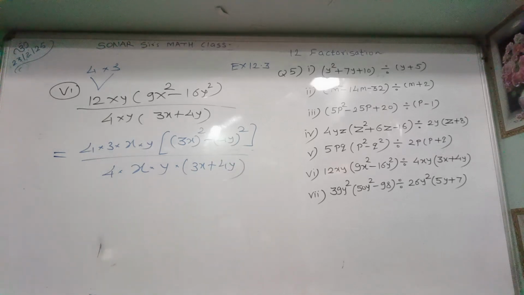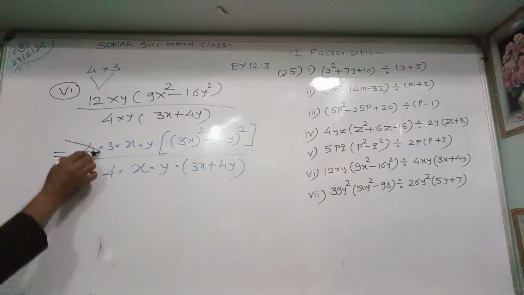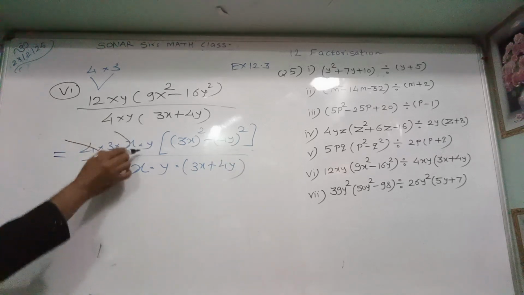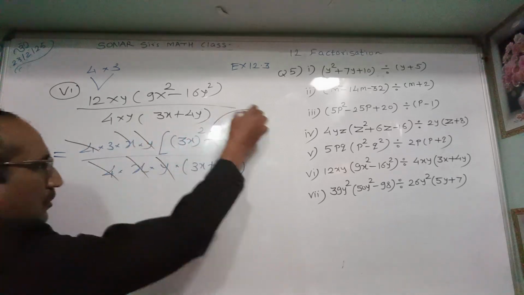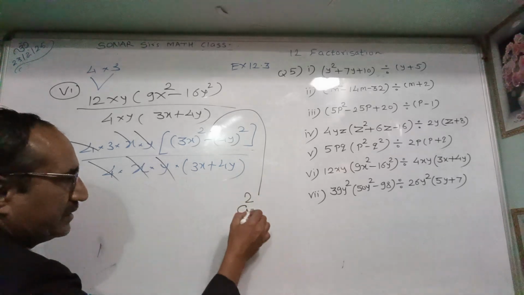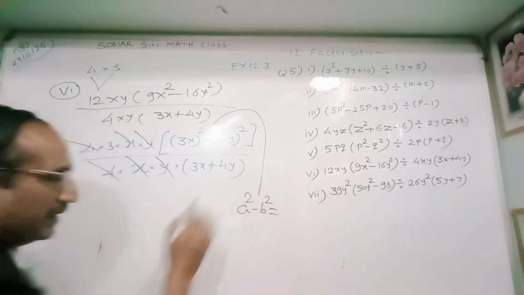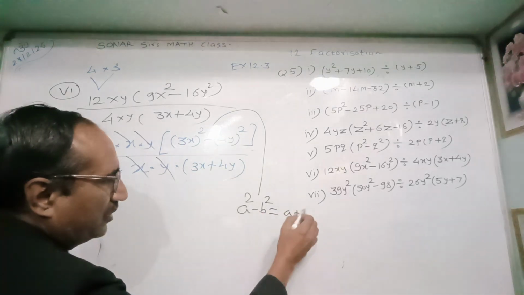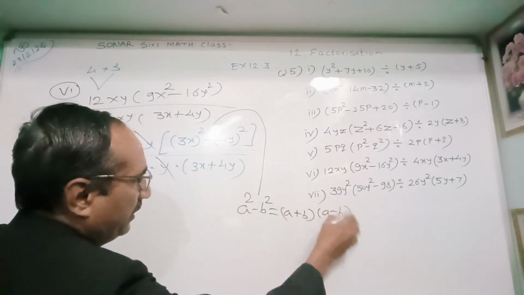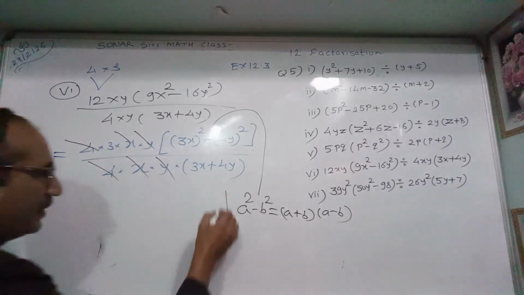So the terms which are common will cancel here. 4 cancels, x power 1 cancels, y also cancels. Now again we'll make use of the identity: a square minus b square is equal to what? a plus b in one bracket and a minus b in another bracket.